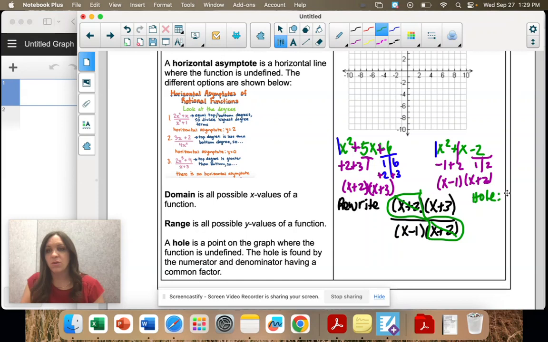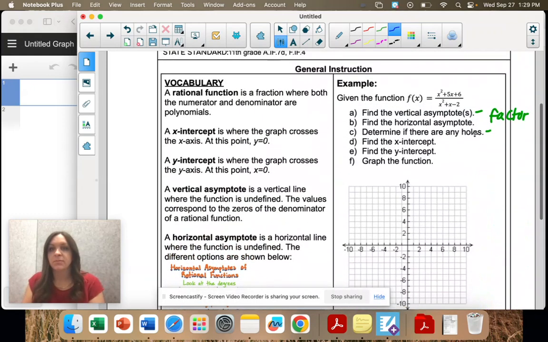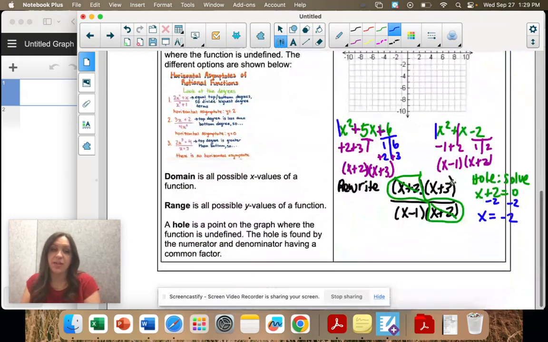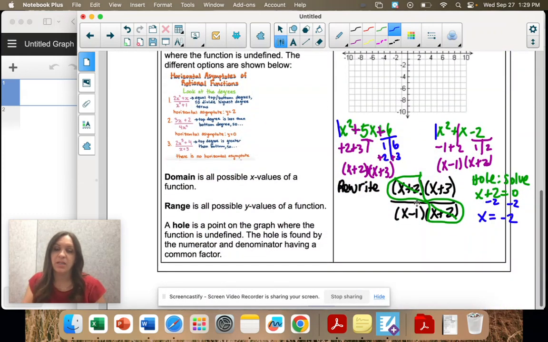So to get the hole, we solve that factor that we just crossed out. So x plus 2 equals 0. I'm going to -2. So there's a hole at -2. Okay, to find the vertical asymptote, we take the remaining factor on the denominator and solve that.